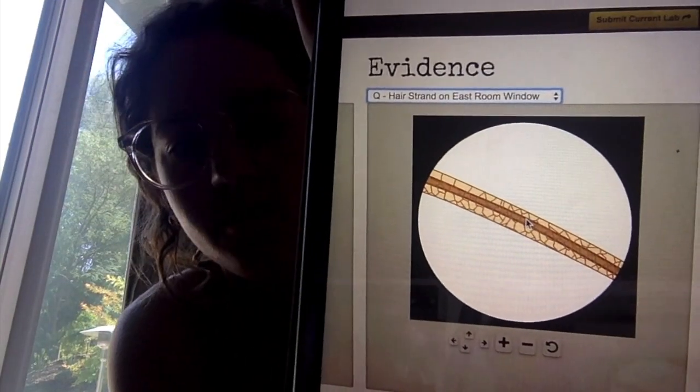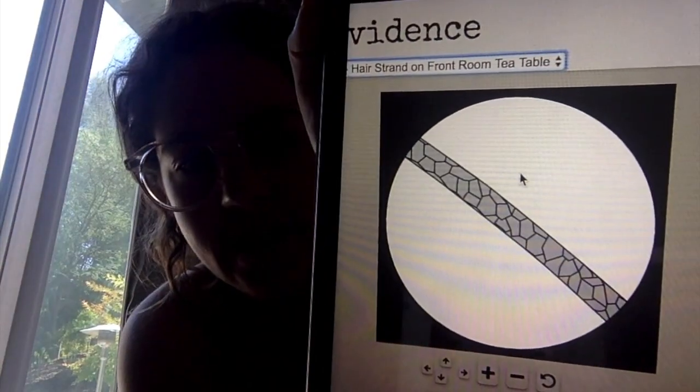So the first hair strand we found was the hair strand on the east room window. We then found another hair strand on the same window, but a different hair sample. We then found a hair strand on the front room tea table. A hair strand on the front room floor.